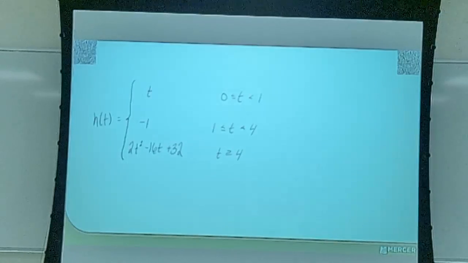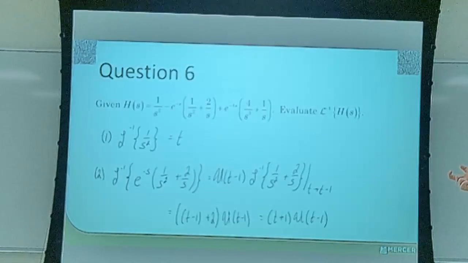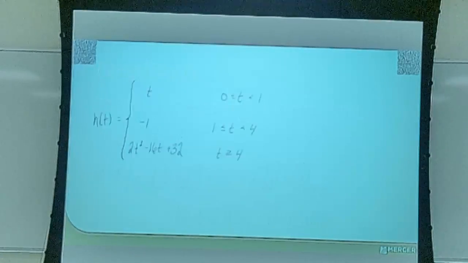That would have been the driving force, right? If, let's say, we solved the initial value problem and we got y of s equals that, that would have been your solution, with a piecewise driving force.